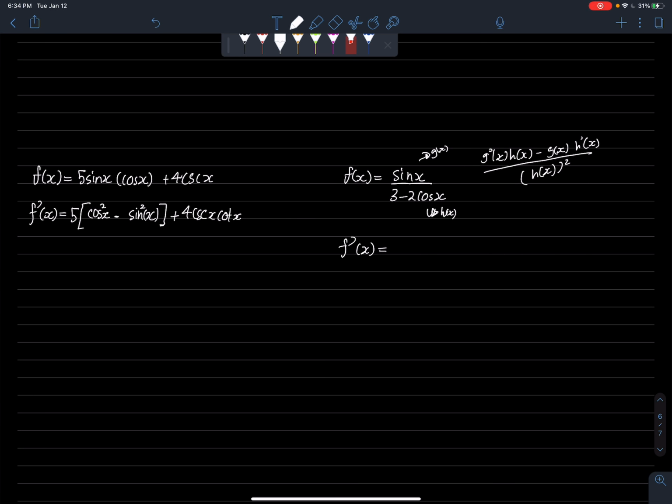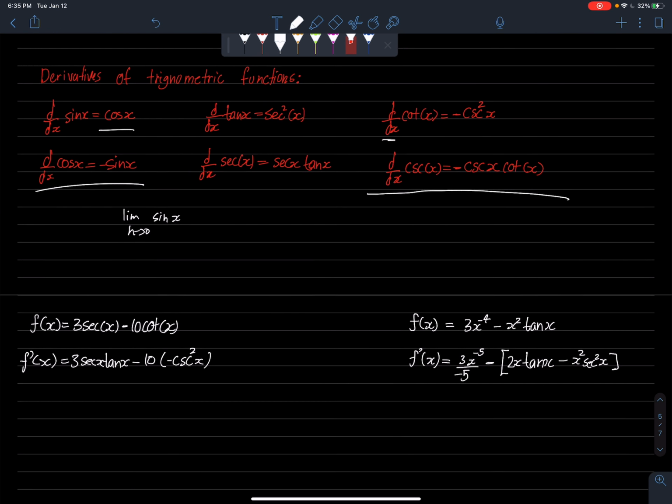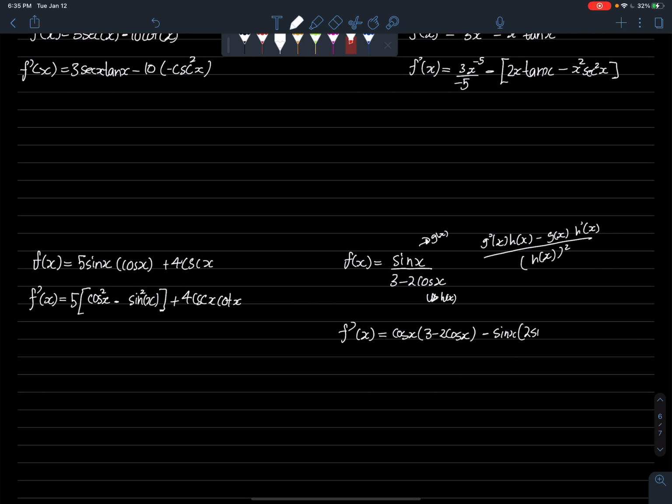So g prime of x is just cos x times 3 minus 2 cos x, minus g of x, which is sine x, times the derivative of 3 minus 2 cos x. The derivative of 3 is 0, and negative 2 cos x gives negative 2 times negative sine x, so it's just going to be 2 sine x, all over 3 minus 2 cos x squared.